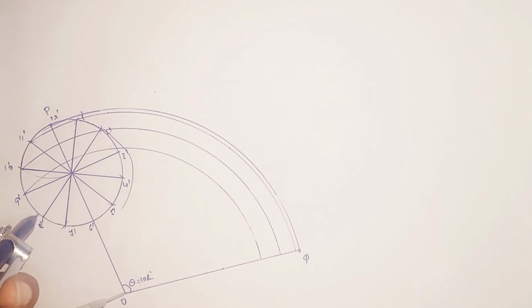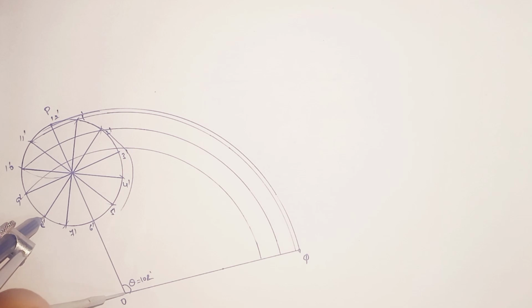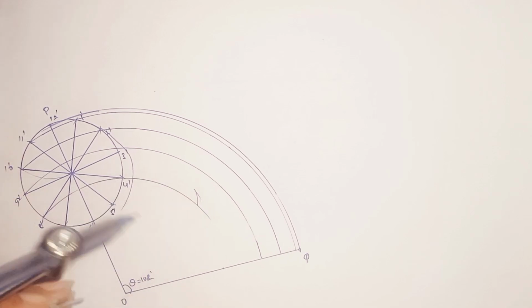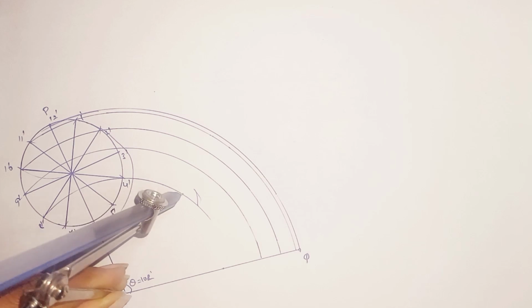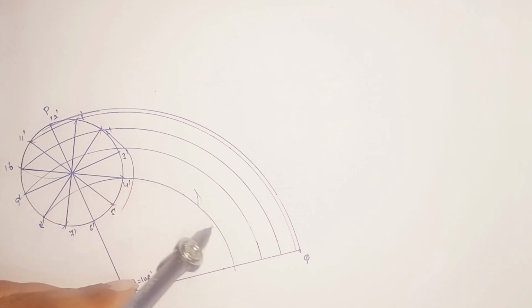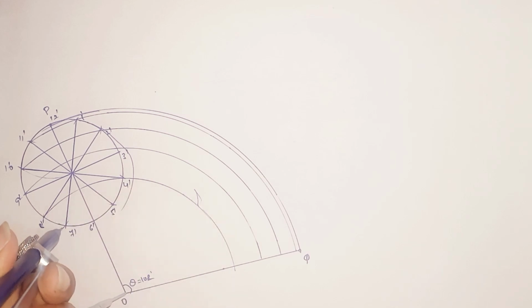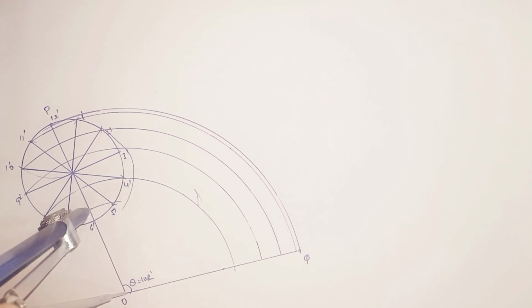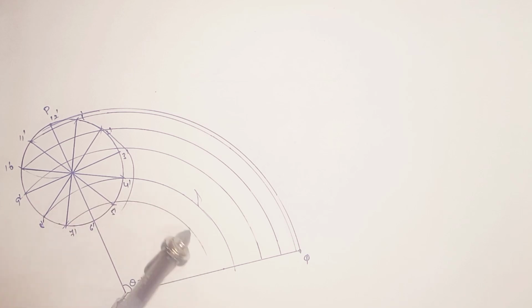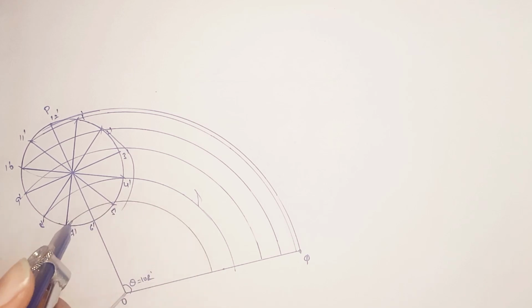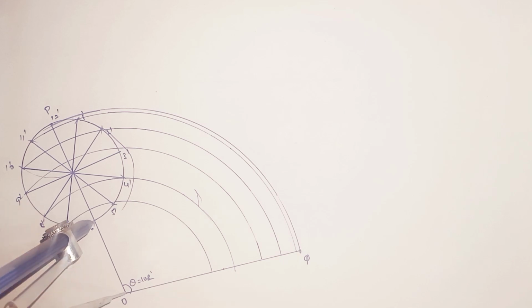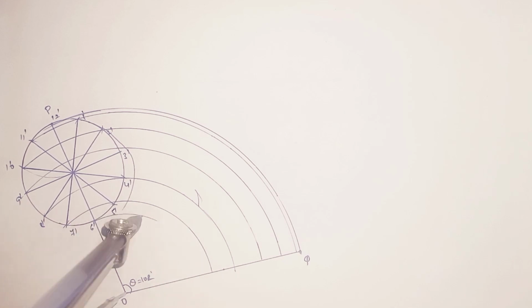And 8 prime and O as a radius, draw an arc. Seven prime and O as a radius, draw another arc. Similarly, O prime as a center, draw an arc.